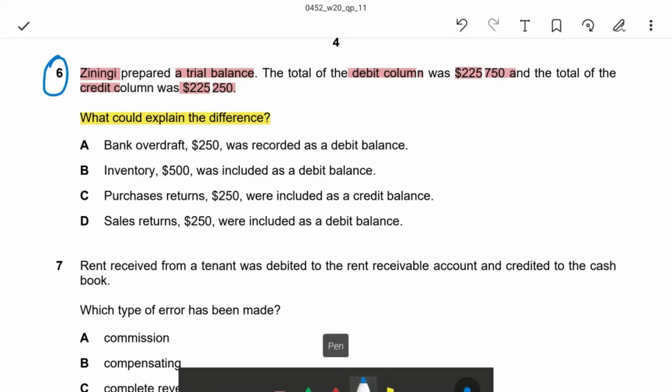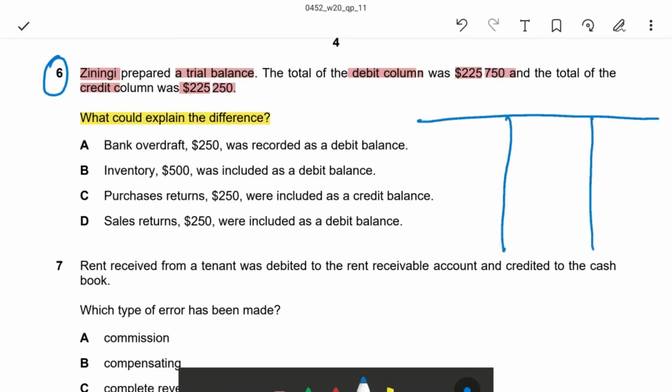The debit and credit columns of the trial balance are given. The debit column is 225,750 while the credit column is 225,250.